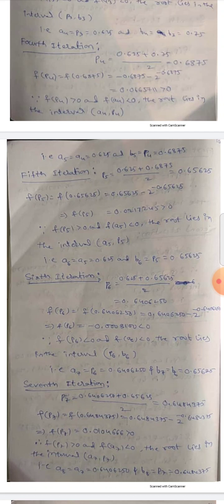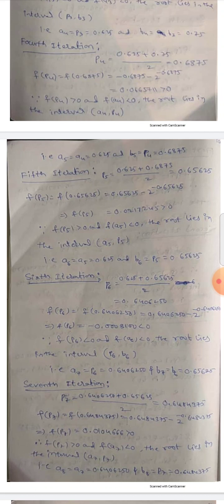f of p5 is equal to f of 0.65625, which equals 0.65625 minus 2 power minus 0.65625, equal to 0.217245. This is greater than 0. Since f of p5 is greater than 0 and f of a5 is less than 0, the root lies in the interval a5 comma p5.